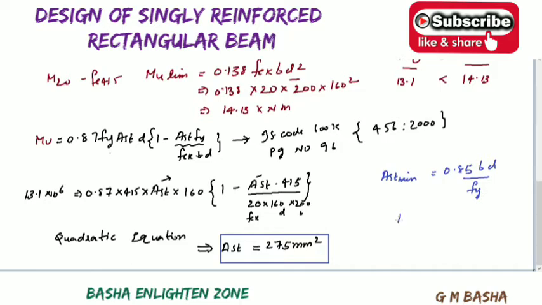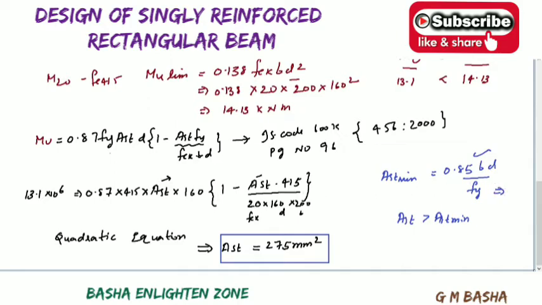If you check this one, your area of the steel will be greater than this minimum area of the steel. So whatever the value obtained here, the minimum area of the steel will be lesser than this value only, means whatever the steel required, it will be greater than that one. If you want, you please simplify this one directly, you will get it.